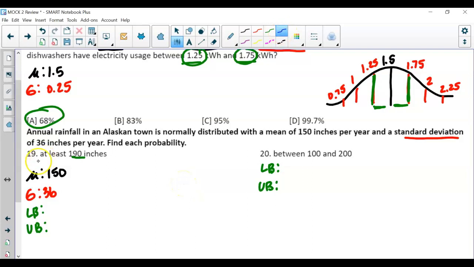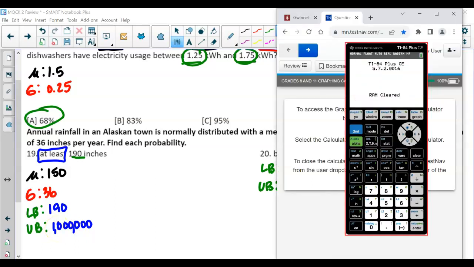If it says at least 190, is 190 the lowest or the highest? The lowest. So then what did we put for the upper bound? Positive 1 million, right? Because we can't really put infinity, so we'll just use positive 1 million. Then let's see, so putting in our calculator, this is when we did second VARS. So second VARS. Then which option? Option 2, CDF.